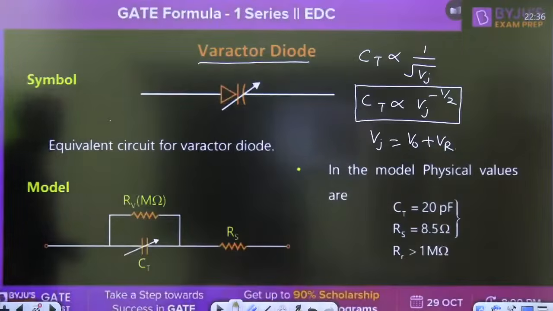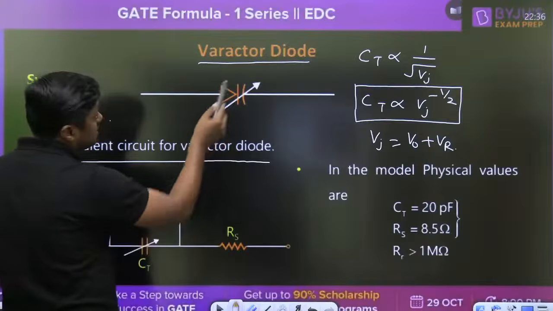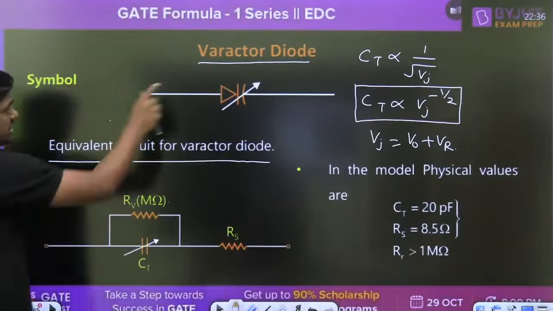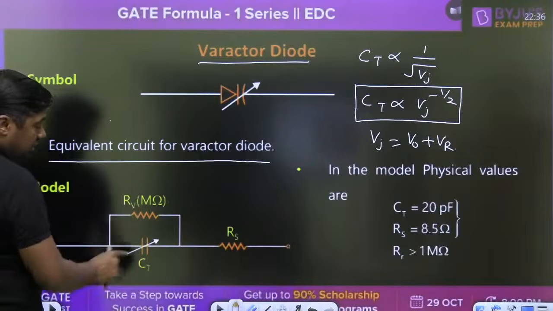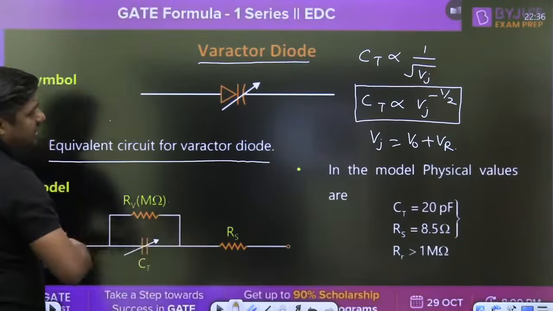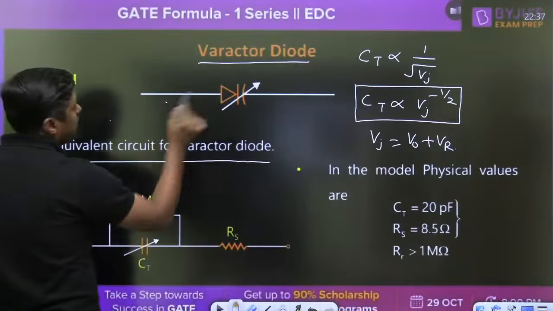That is the equivalent circuit for the Varactor diode. Remember, there may be one numerical on that. The symbol for this is a variable capacitor. Because it is reverse biased, the resistance is very high, in the range of mega ohm, and that is the transition capacitance. Rs is the resistance of the packing material, or just when we connect the leads, for example anode and cathode.